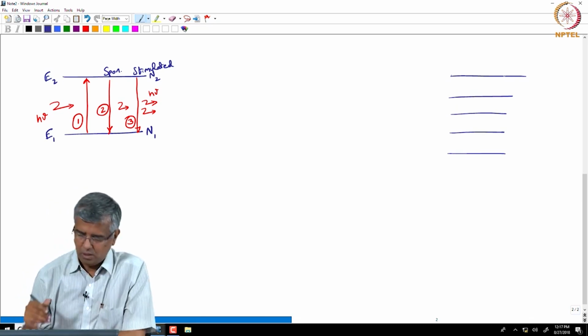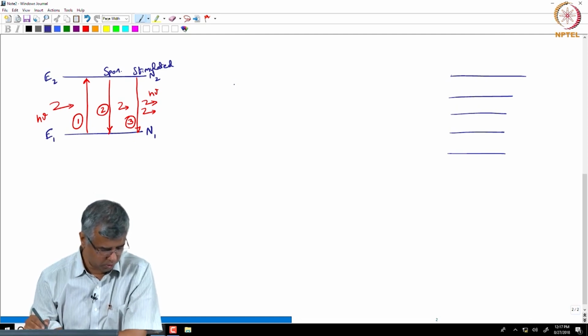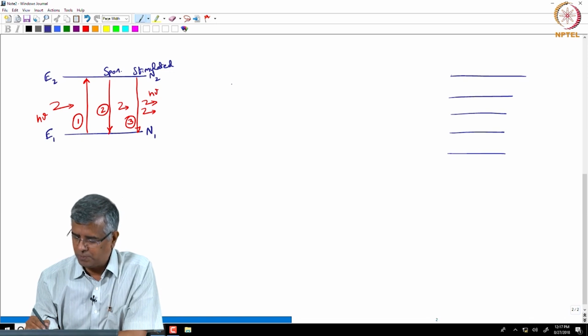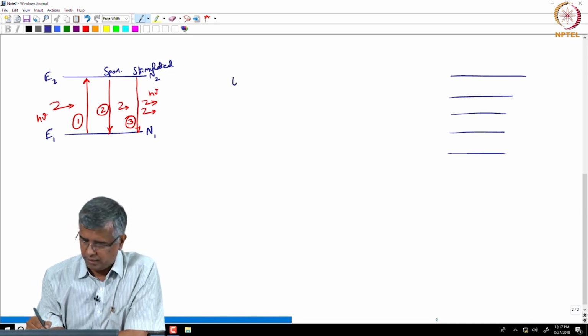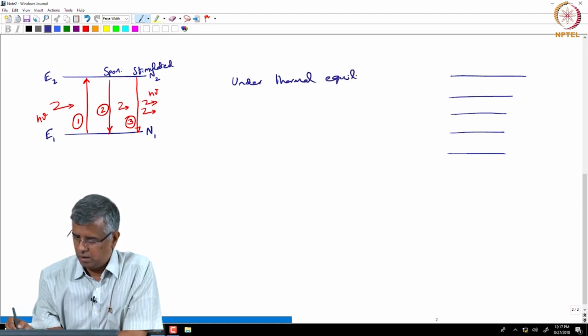And to explain that, we will have to essentially go to what Boltzmann came up with, where he said that under thermal equilibrium conditions.